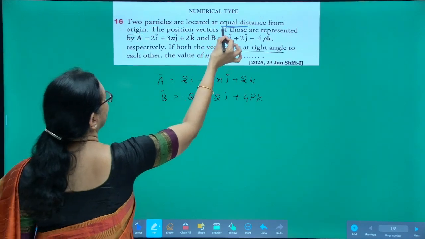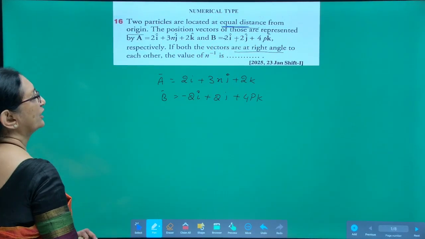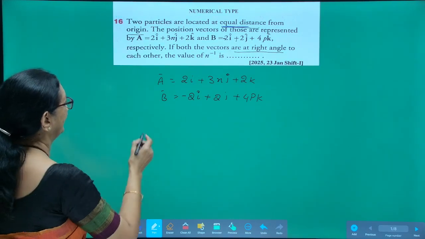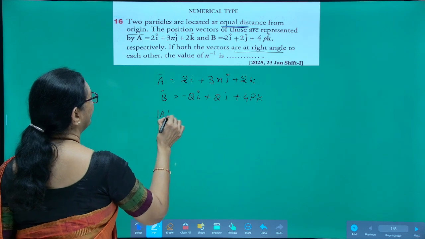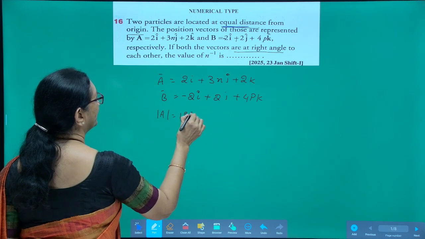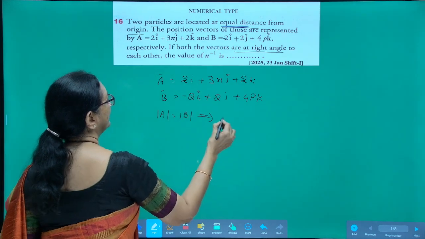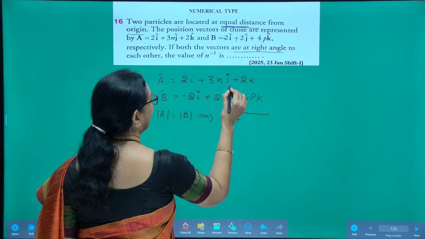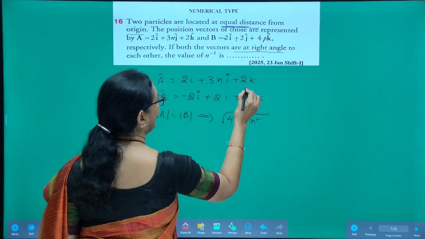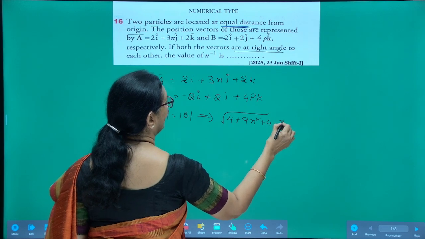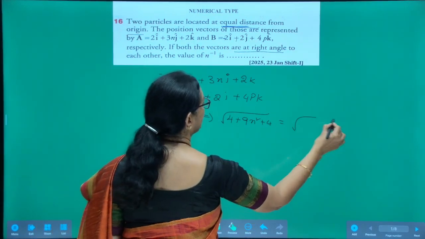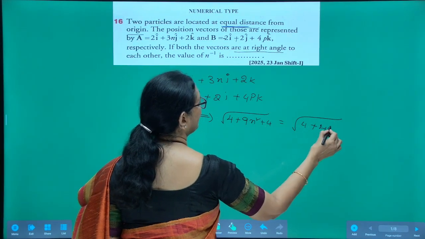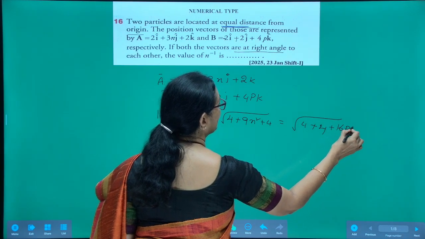So, the first condition is they are at equal distances, so the lengths of their position vectors are equal. That is, magnitude of A is equal to magnitude of B, which implies 2 square plus 3n whole square plus 2 square is equal to 2 square plus 2 square plus 4p whole square, that is 16p square.